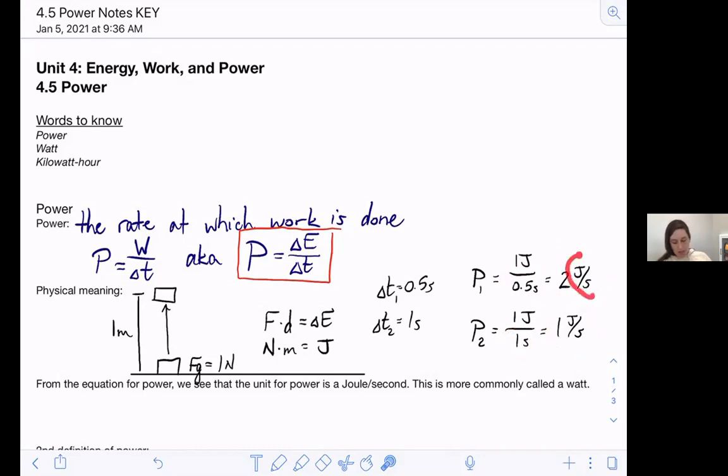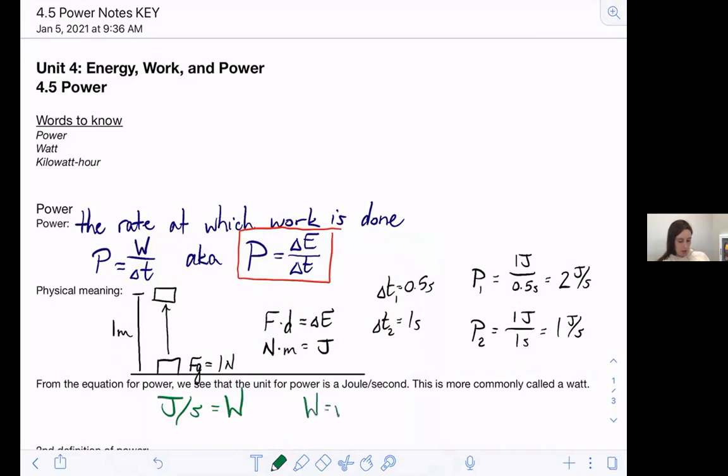And you'll see that the units I wrote here were joules per second, right? Which kind of makes sense. Energy is measured in joules, time is measured in seconds. But this has a more common name. It is more commonly called the watt. Okay, so a joule per second is the same thing as capital W, which refers to watt.